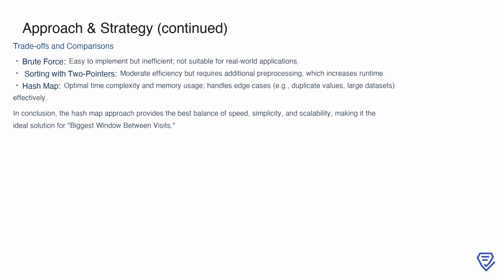It achieves optimal time complexity of n, and handles edge cases like duplicate values and large datasets effectively. By storing only the essential information, the last occurrence of each value, it minimizes memory usage as well. In conclusion, the hash map approach strikes the perfect balance between speed, simplicity, and scalability, making it the clear choice for solving the biggest window between visits problem efficiently and effectively.